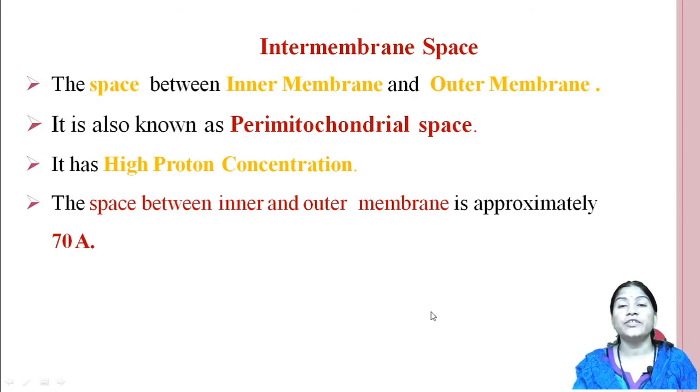The space between the inner and the outer membrane is approximately 70 angstrom. It lies in between the outer and the inner membrane.